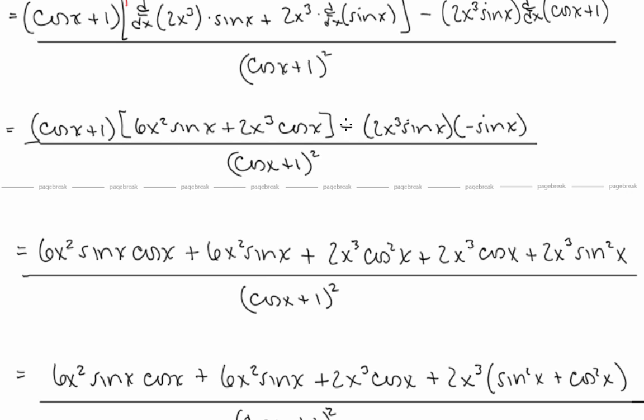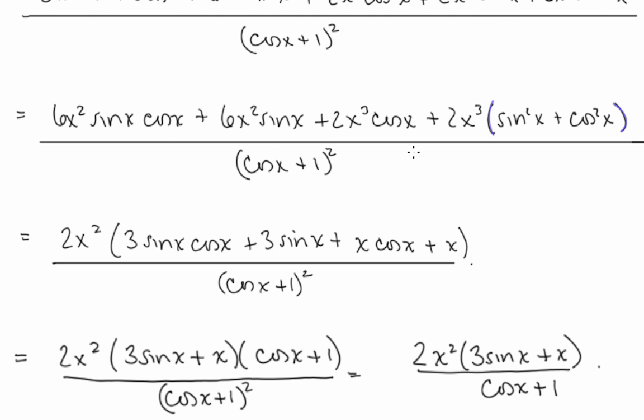And then here we have two negatives to make a positive, and we have 2x to the third sine squared x. Notice we have a 2x to the third cosine squared x plus a 2x to the third sine squared x, so that's 2x to the third times sine squared x plus cosine squared x. And we know that this simplifies to 1.